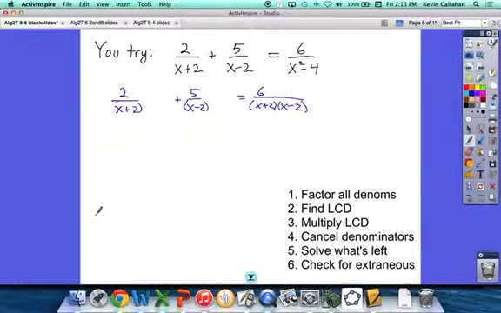So if you're having trouble with the factoring part, that's the factoring part.